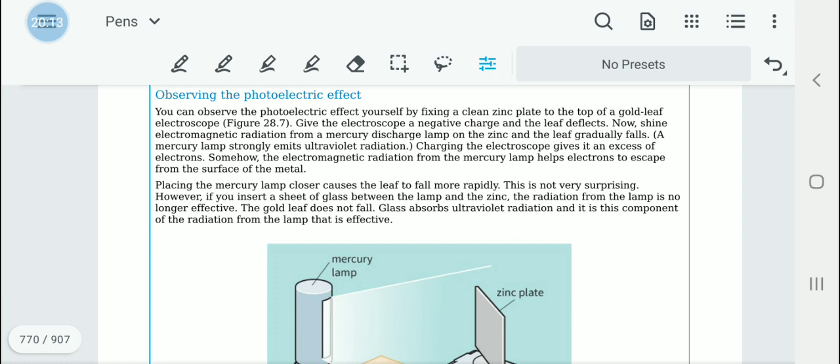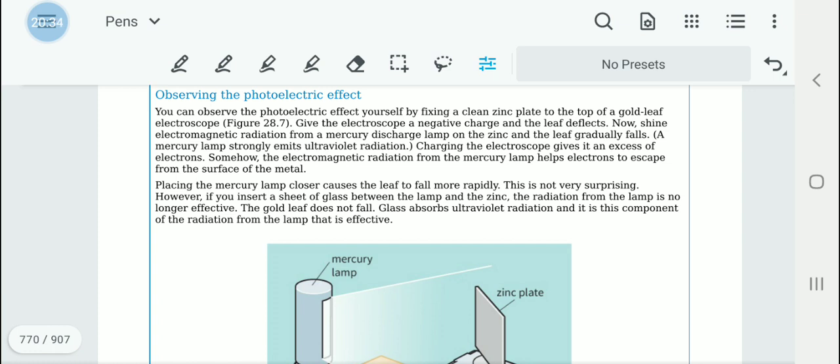Now, by using the mercury lamp, we remove these electrons. The electrons are emitted, and as a result the charge decreases, so the gold leaf falls.